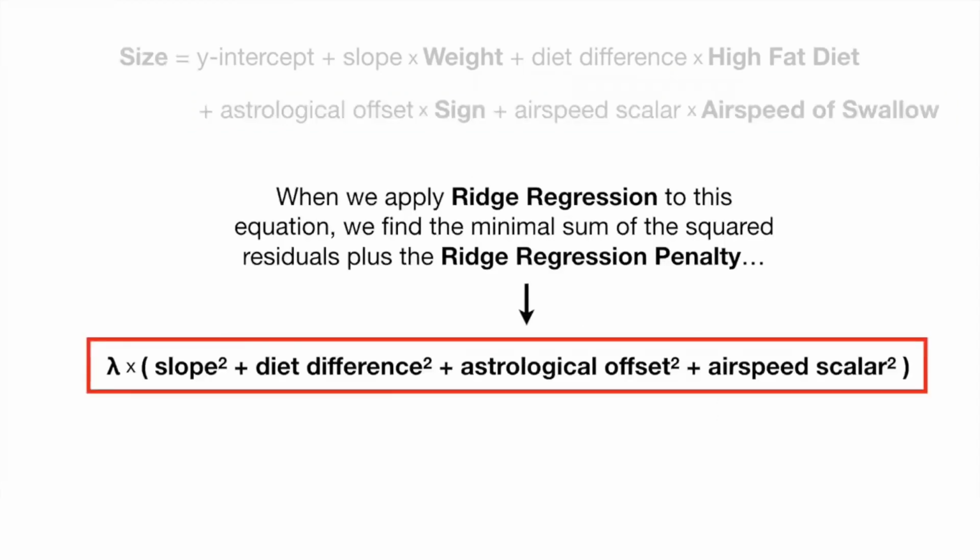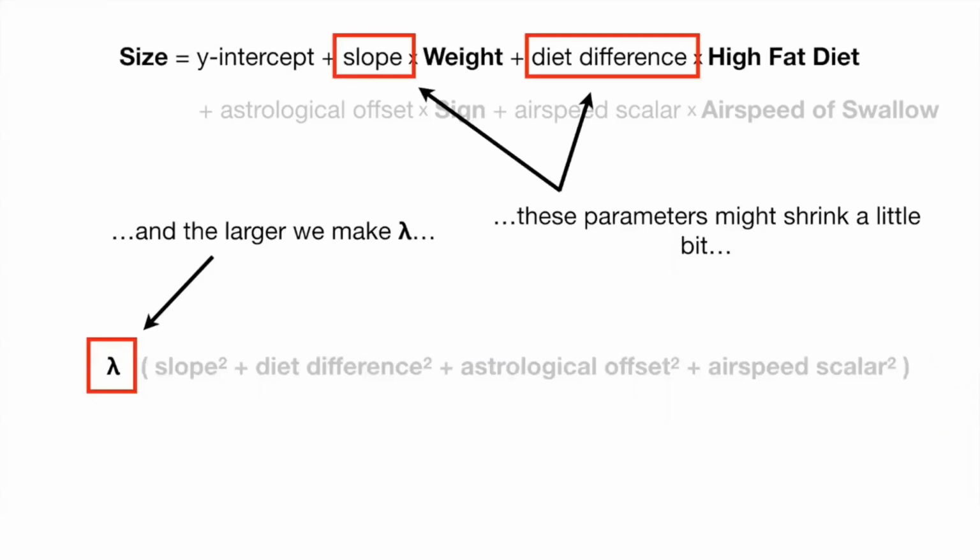Now we can remove these types of variables like astrological offset and airspeed using ridge regression and lasso regression. So for ridge regression, we find the minimal sum of the squared residuals plus the ridge regression penalty. We find out the penalty which is introduced in the data set, and with that, we try to find the optimal value of the slope and the diet difference.